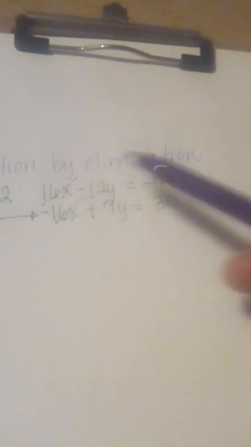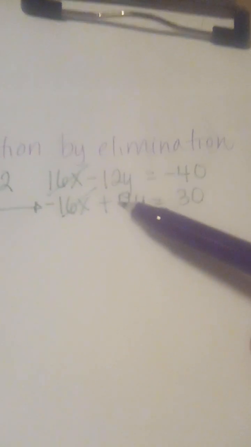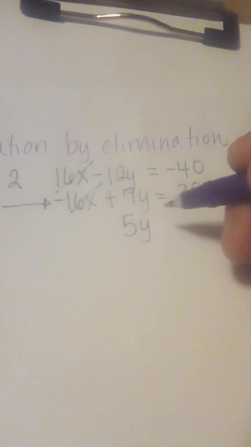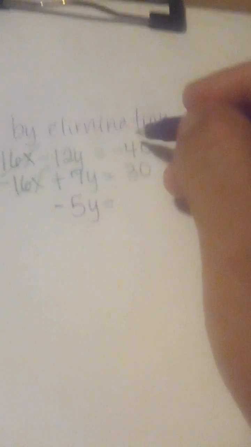Now, since we have this together, we cross out the x's completely. It's a negative and positive x. Then we have the y's. The negative 12y plus 7y gives us 5y. Is it negative or positive? It's a negative 5y. Very good. Then we'll do the basic arithmetic here.